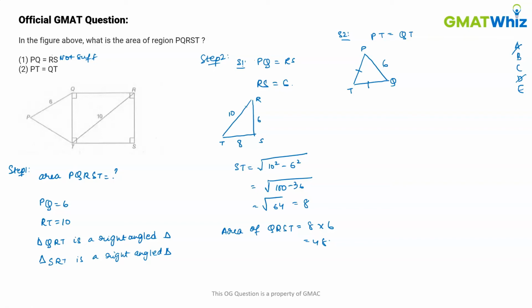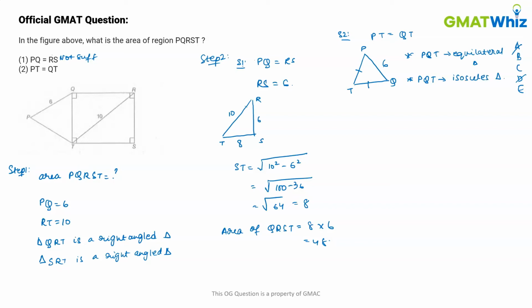But it is also possible that PT and QT are also equal to 6. So there are two possibilities, that PQT might be an equilateral triangle, or another possibility is that PQT can be an isosceles triangle.